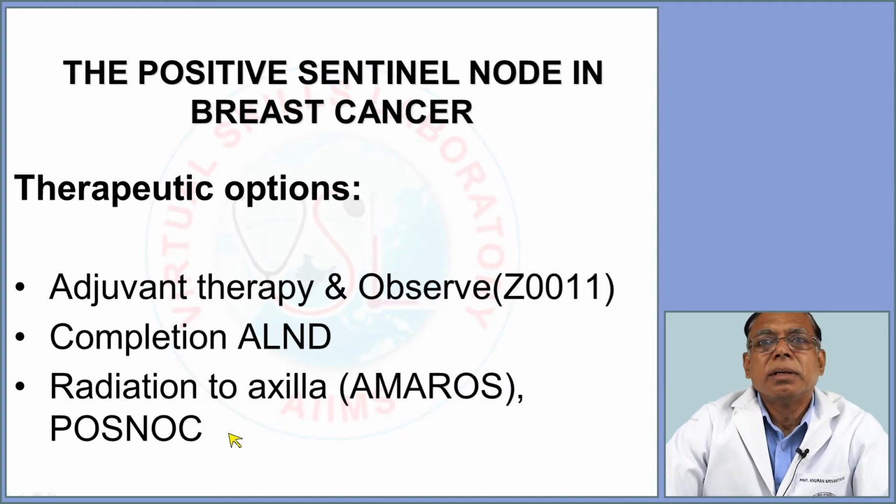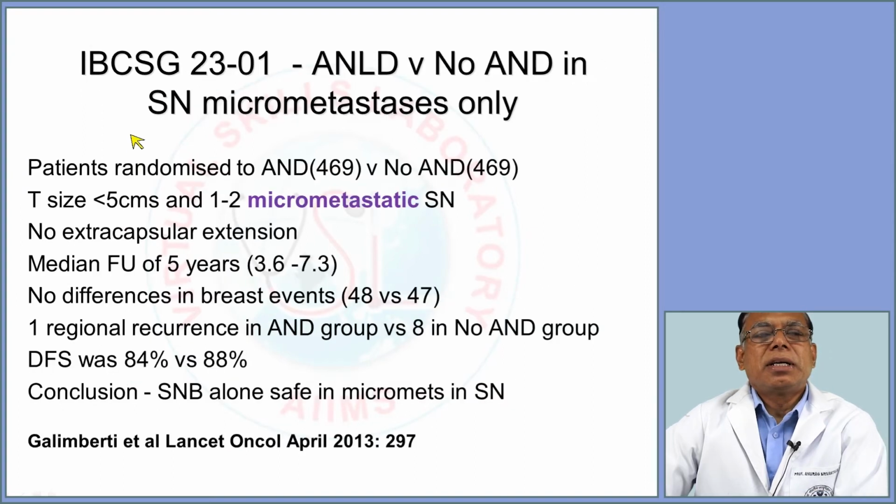in Britain. A large multicenter study evaluated the role of sentinel node biopsy versus axillary node dissection in women where sentinel node biopsy reported the presence of only micrometastasis, and it was observed that in women where the sentinel node is harboring only micrometastasis, there is no deterioration in the disease-free survival.